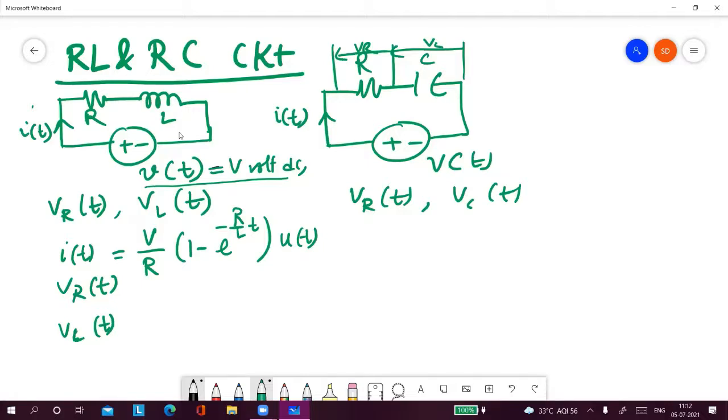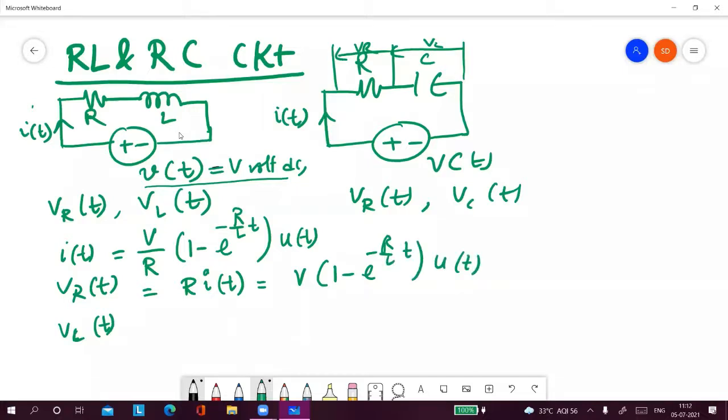Similarly, the voltage drop across R, which is VR(t), is R into i(t). So you multiply this i(t), and you will get the voltage drop across resistance, which is V into (1 minus e to the power minus R by L t).